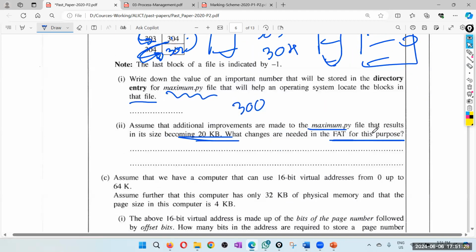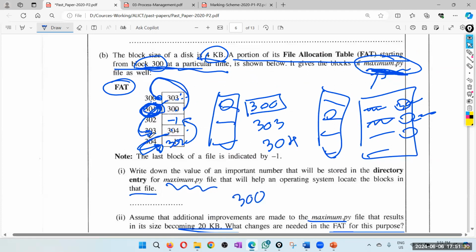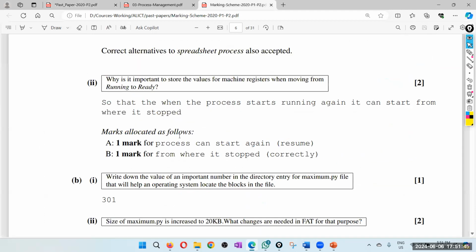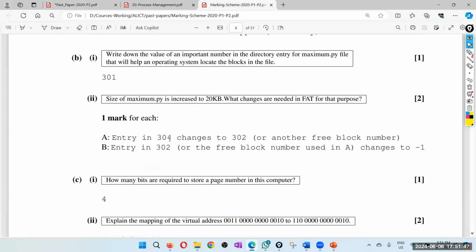So now you need to explain this. What are the changes needed to the FAT for this purpose? So your 304th entry will have 302 and the 302nd entry might have -1. Or you can just draw this new FAT table. Entry in 304 changes to 302.